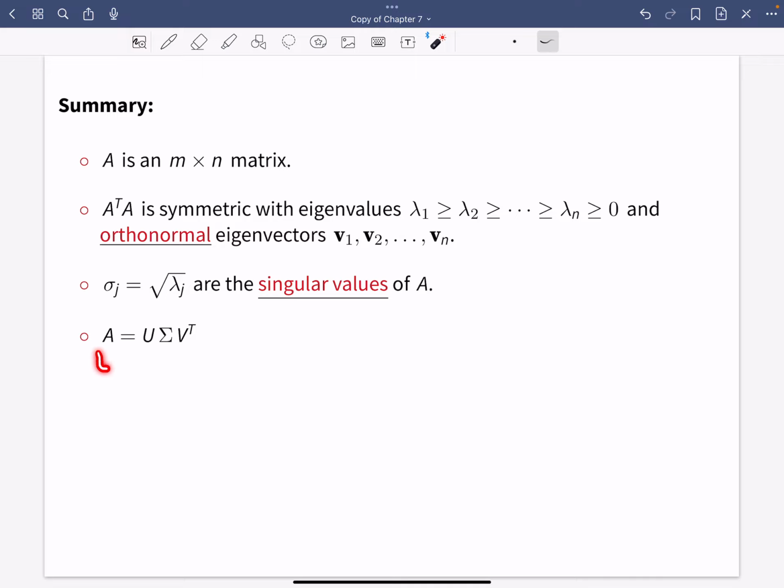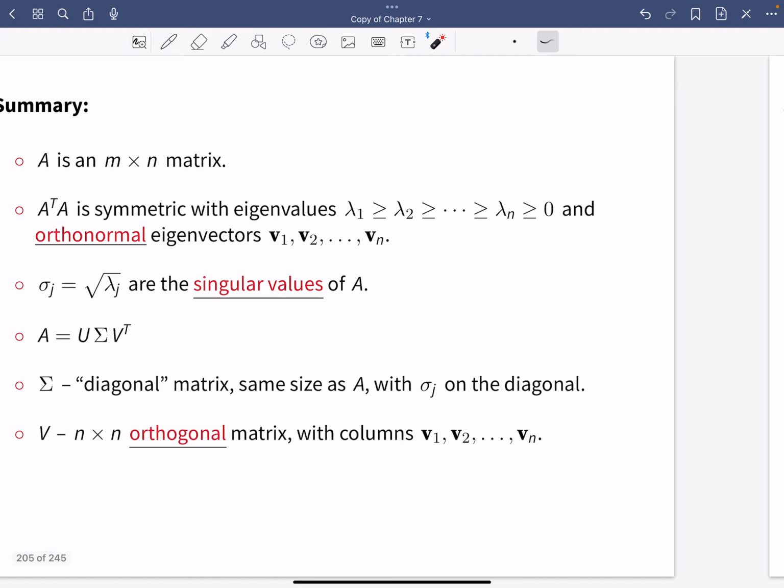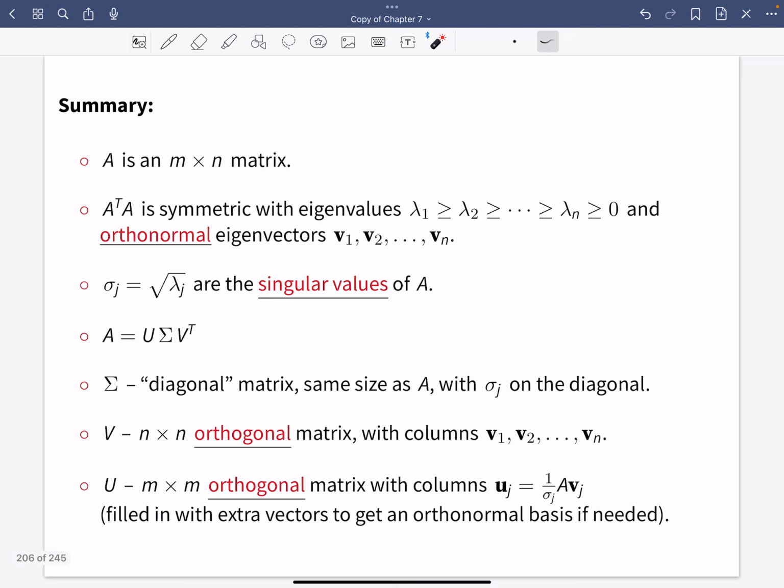The decomposition we're looking for is A equals U sigma V transpose, where sigma is a pseudo-diagonal matrix that has the same size as A, and the entries on the diagonal are the singular values. V is an n by n orthogonal matrix with columns v1 through vn. And U is an m by m orthogonal matrix whose columns are given by these formulas, where we might have to fill in with extra vectors to get an orthonormal basis if we need to.